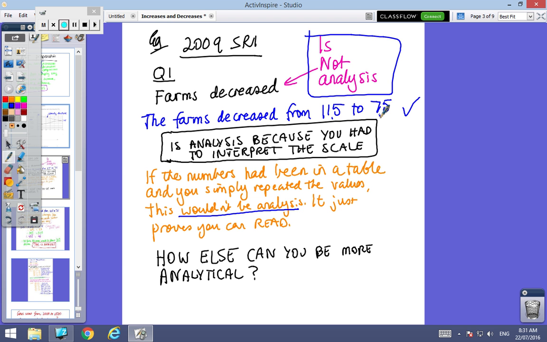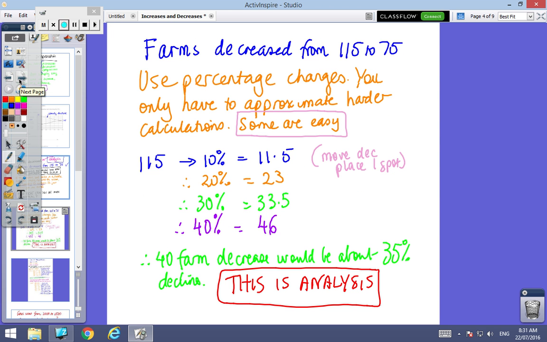So we have got some analysis, but let's look at how more analytical you can be. So farms decreased from 115 to 75, and we're going to try to use percentages as a comparison. We're not going to worry about fractions, we'll use percentages. You could use fractions, but we'll use percentages. Now some of the calculations are quite easy. So we always compare with what you started with. So you always look at the initial amount.